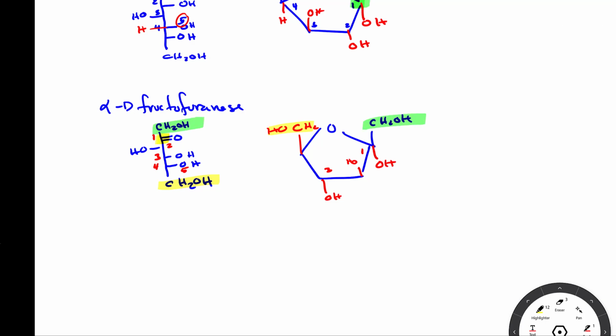And the oxygen that was the carbonyl, I'll go ahead and put that in this color, that was the carbonyl oxygen right there. Okay, so on carbon number 1, you're going to have a CH2OH as well as the OH from the original carbonyl oxygen.